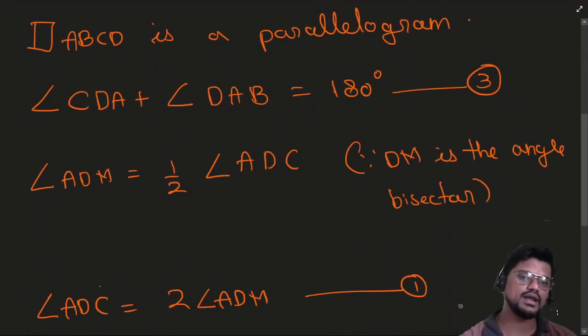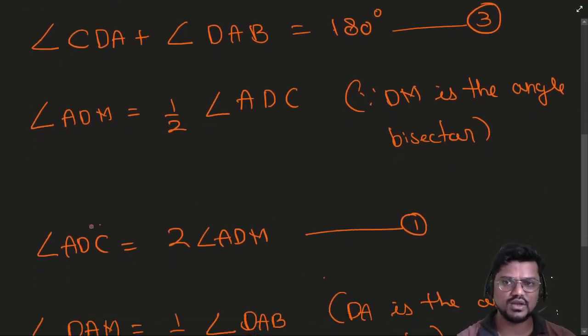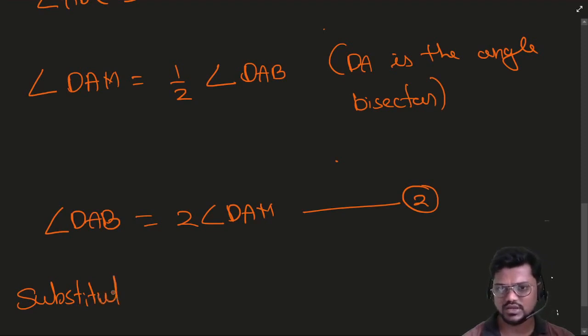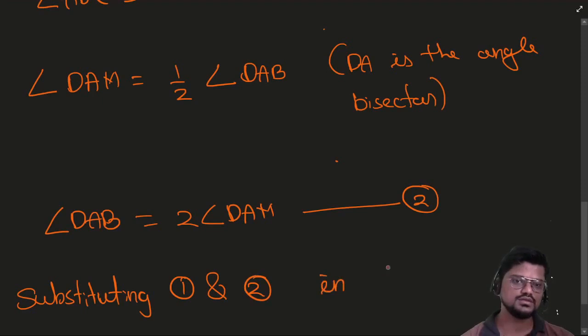So by 1, 2 and 3, CDA and ADC are same, right? So substituting 1 and 2 in 3.